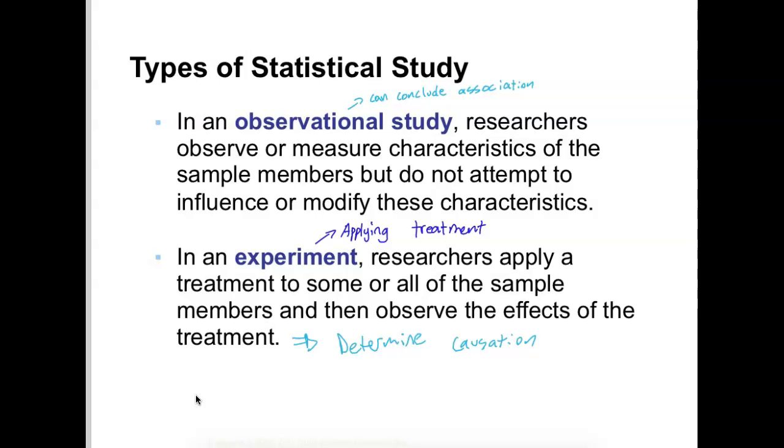But it is true religion is associated with longevity, meaning we can observe religious people tend to live longer than non-religious people just because they self-select to be religious or to be not religious. But I can't determine a causal relationship because there are too many other variables that could be impacting their longevity.